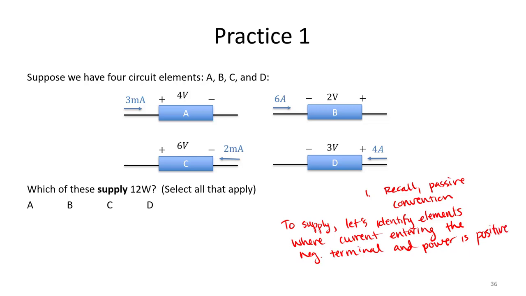So notice choice A, that can't be supplying because we have current entering positive and positive power. Also choice D is absorbing. That leaves us choice B and choice C. And notice both of these will produce a power that is equal to 12 something, but watch your units.